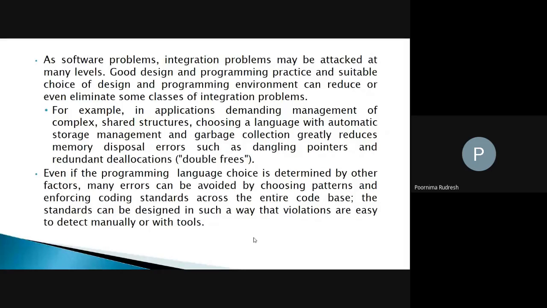Coding standards means if we have a standard algorithm, that algorithm can be implemented using any programming language. So the main thing is, whatever the programming language the developer uses, by using the patterns and enforcing the coding standards across the entire code base, we can avoid the integration faults or errors, because the standards can be designed in such a way that violations can be easily detected manually or by using automatic tools.